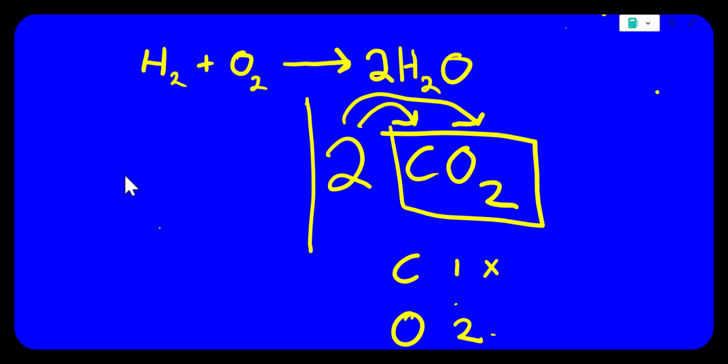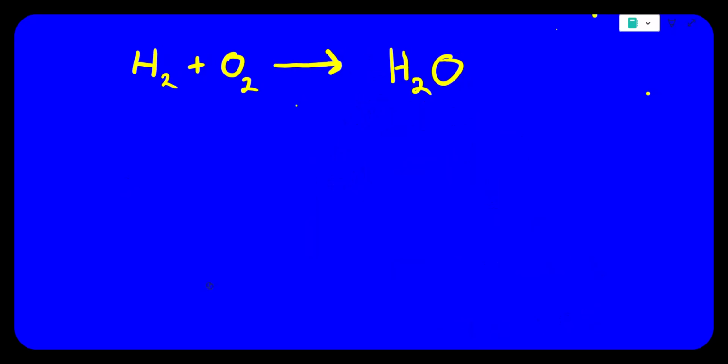So we had 1 carbon times 2 would give us 2 carbons, and 2 oxygens times 2 would give us 4 oxygens. Alright, so far we know that in order to balance a chemical equation, there has to be the same amount of atoms on both sides of the equation. And we know that we balance the chemical equation through coefficients, not through adding subscripts.